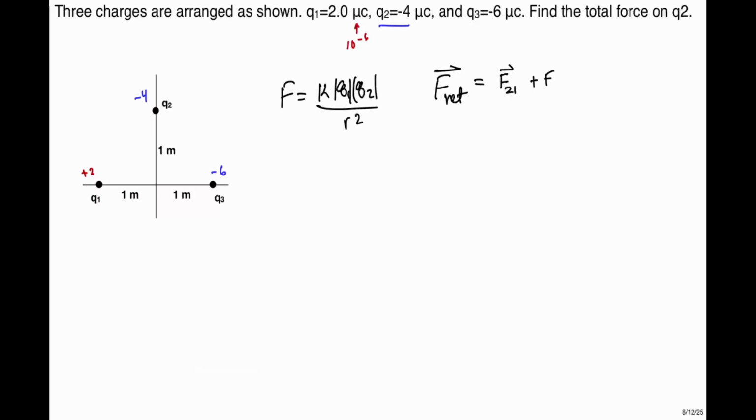And then we're going to add to that the other interaction. So which charge are we trying to calculate the force on? 2. But where's the other force coming from? 3. So we're going to find the vector sum of those 2 individual forces.